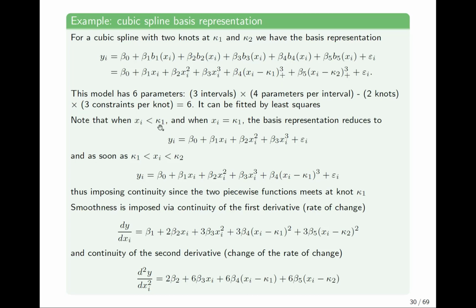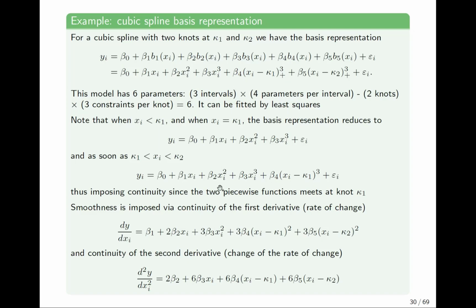When xi is less than kappa 1 and when xi equals kappa 1, then the basis representation is going to reduce to this equation here, because the truncated term is going to equal 0. As soon as kappa 1 is less than xi, which is less than kappa 2, then we have to add on this basis function here, beta 4 (xi minus kappa 1) cubed.